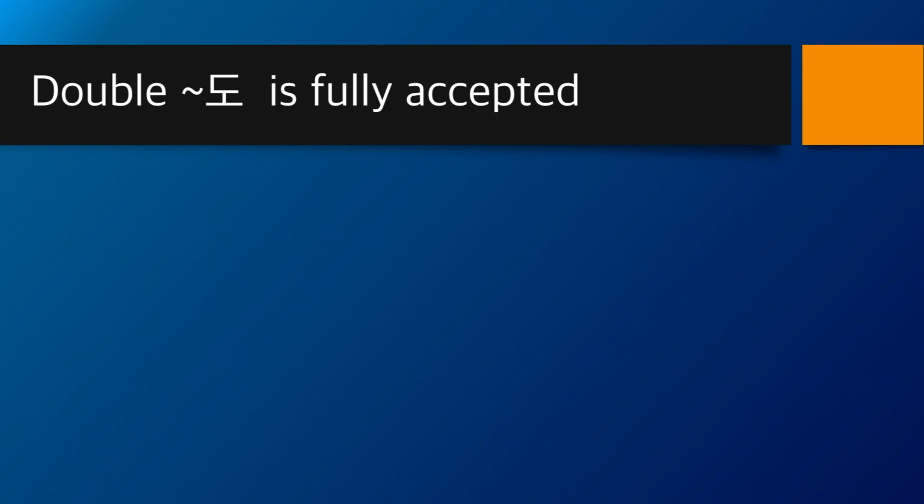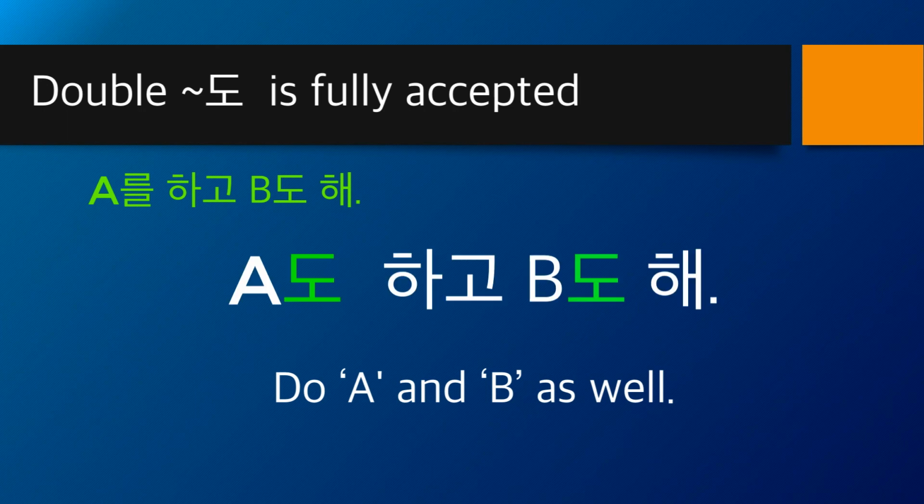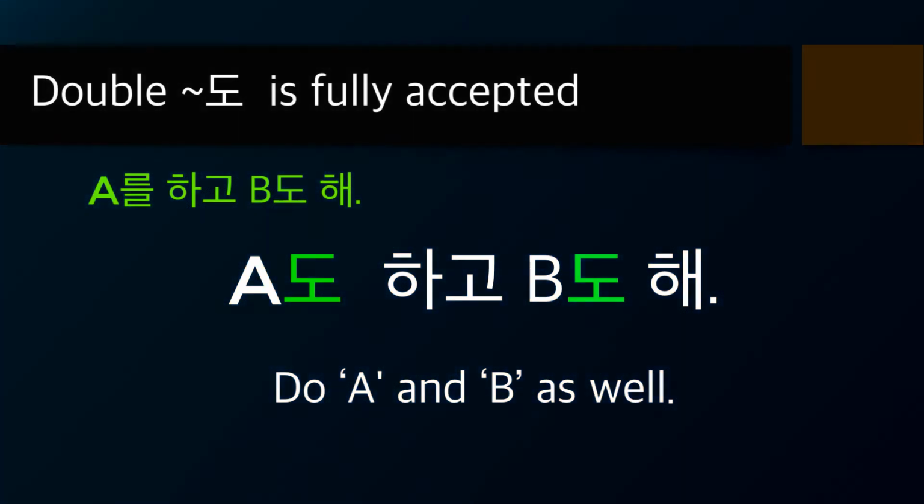Strictly speaking, what we have learned, A를 하고 B도 해, is a correct way of saying that. Do A and do B as well. However, A도 하고 B도 해 is a more frequently used expression, especially in spoken Hangul.